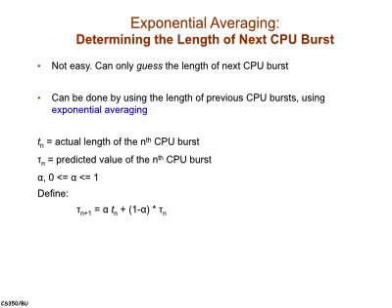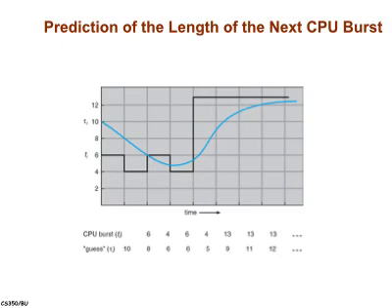So let's take a look at an example of how this formula might behave. In this example, we have a process that changes its CPU execution burst as time goes on, and at every time unit, we are trying to predict what will be the next CPU execution burst.